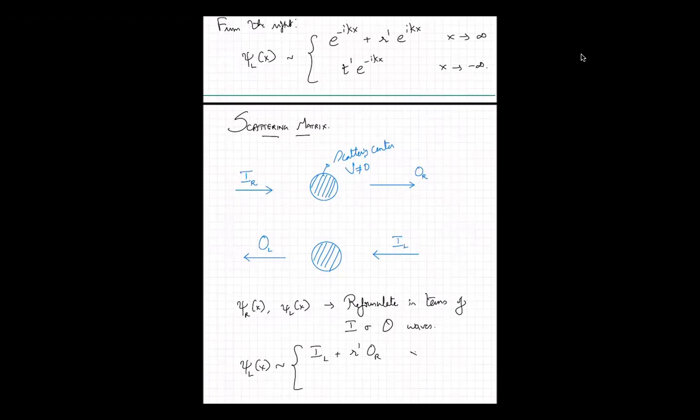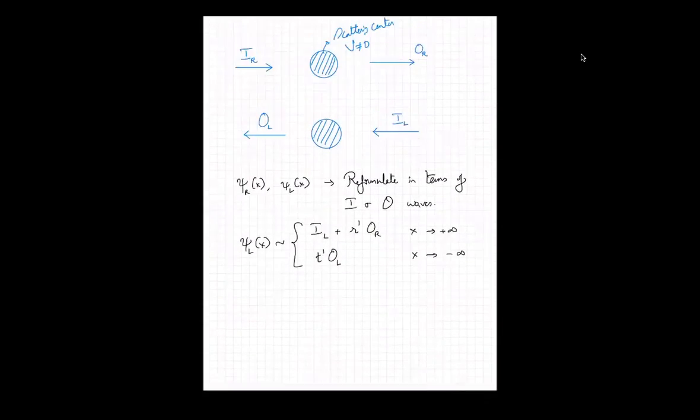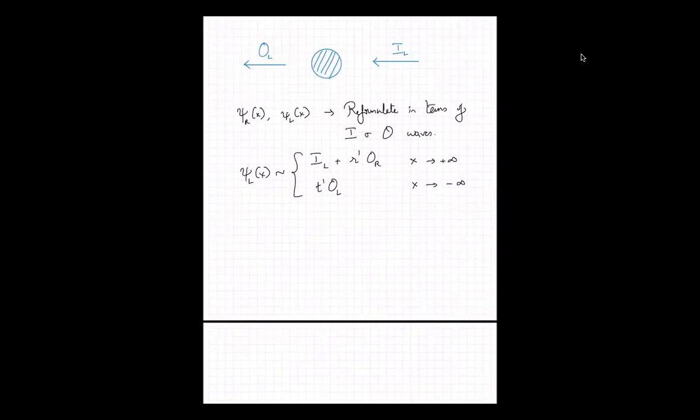This is the asymptotic solution in the region x going to plus infinity. And t prime, an outgoing wave to the left, OL, in the region x going to minus infinity. So I can reformulate my psi l of x in this particular fashion.